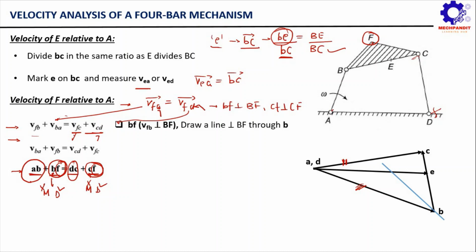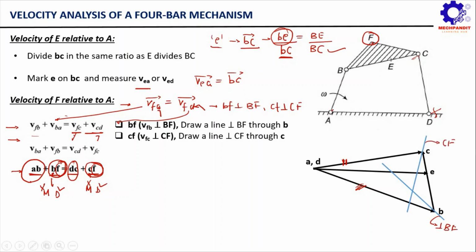Now the same thing we are going to repeat for point C also. Through this point C, we draw a line perpendicular to CF. Just remember, this line is perpendicular to BF and this line is perpendicular to CF.